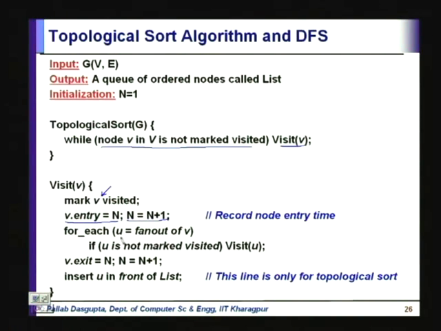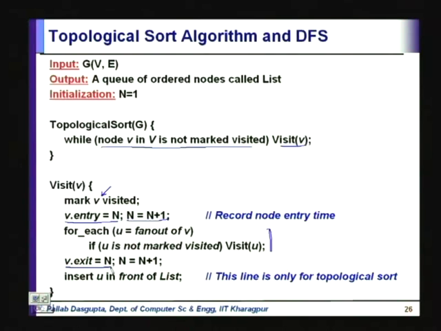Then for each u in the fan out of V, if u is not marked visited, then visit u, and when you have already completed the fan out of all the outgoing edges from V, then you should backtrack from V.